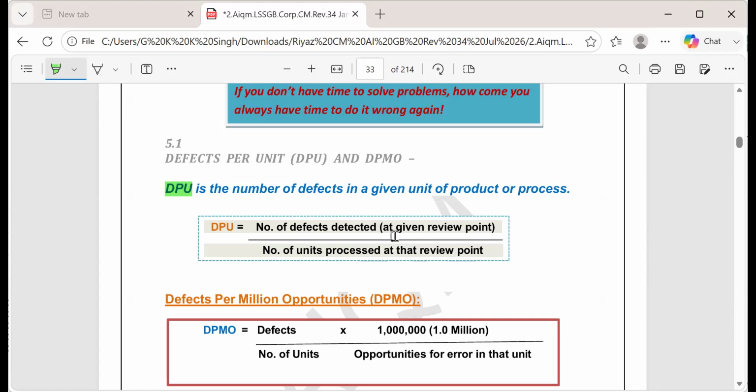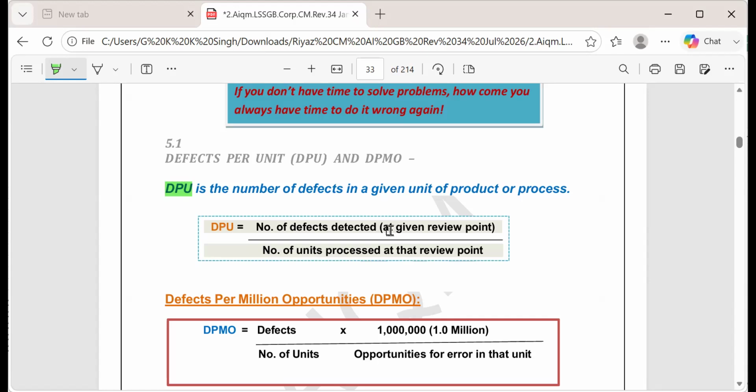DPU is number of defects divided by number of units. So let's say in a month we have installed 300 telecom panels. And in 300 telecom panels, there were 40 defects. Then our DPU will be 40 defects divided by 300 panels.